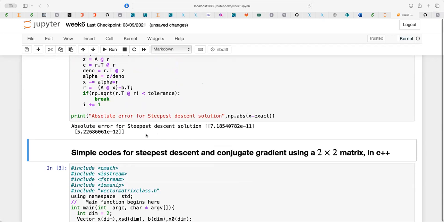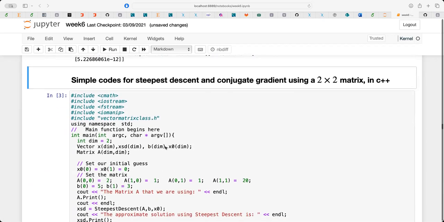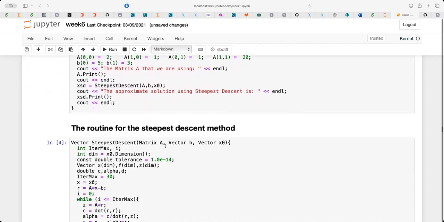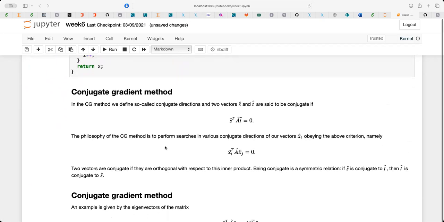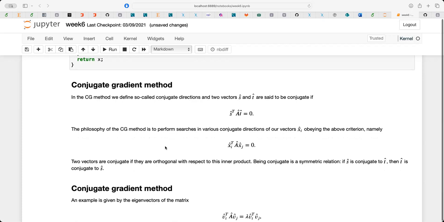Okay? So one of the next methods, and actually if you want to use this with C++, there is an example here. But then I wanted to say something about the conjugate gradient method, which is the superior method for this type of problems. So in the conjugate gradient method, what you normally do is to use what we call conjugate directions.